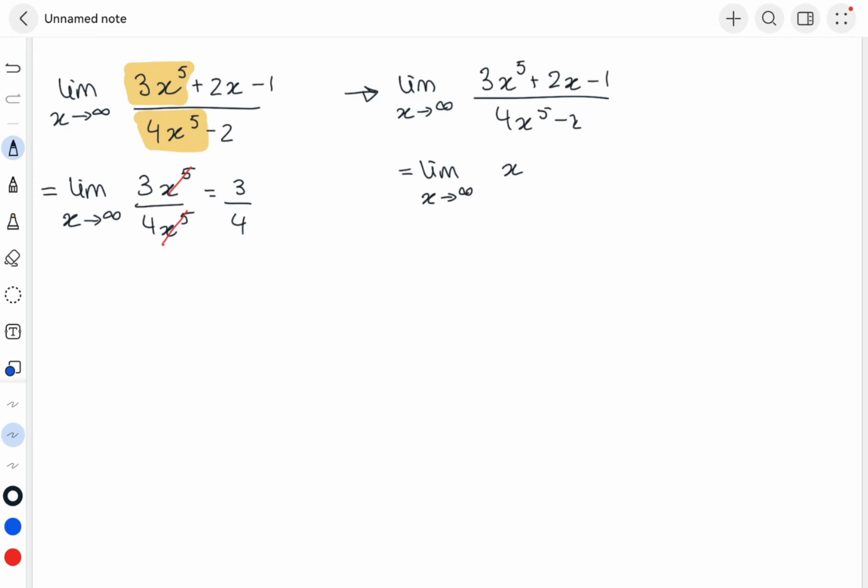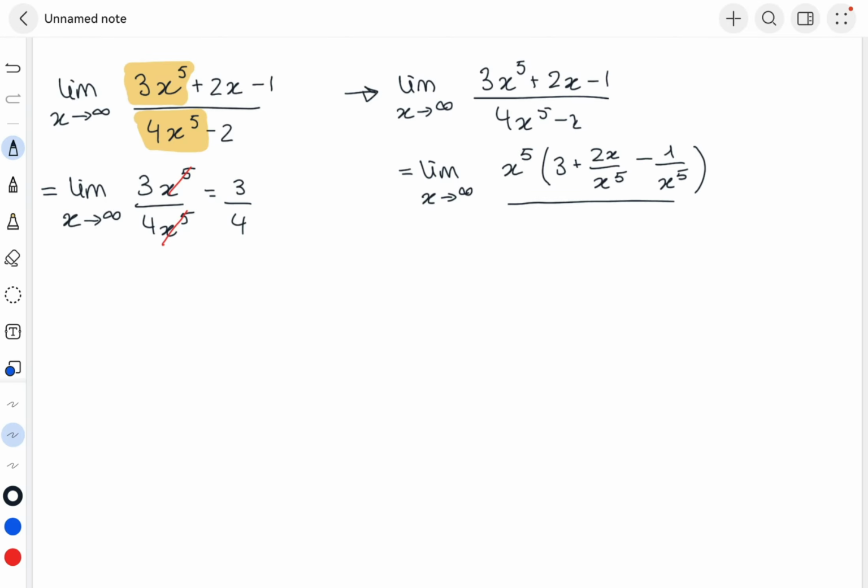So we'll take it as a common factor. Now, removing x power 5 from 3x power 5 we'll be left with 3. And removing x power 5 from the 2x will be left with 2x over x power 5. And removing x power 5 from the negative 1, we'll have negative 1 over x power 5.